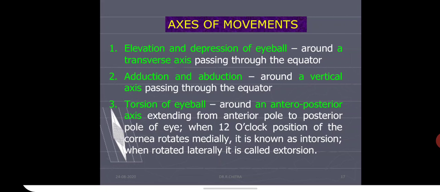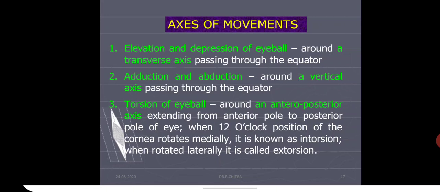We have two torsions, intorsion and extorsion. You have to mark the 12 o'clock position of the cornea first. When the 12 o'clock position of the cornea rotates medially, it is known as intorsion. When it rotates laterally, it is called extorsion. So these are the movements of the eyeball.